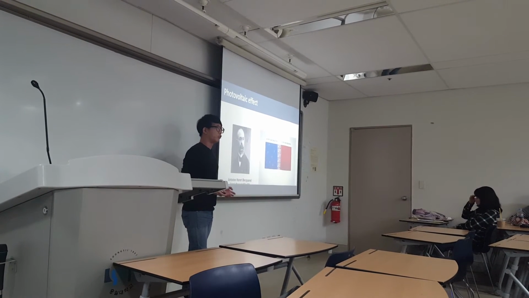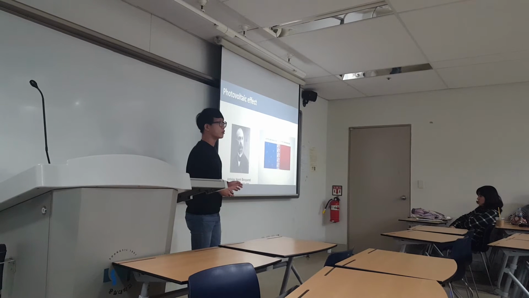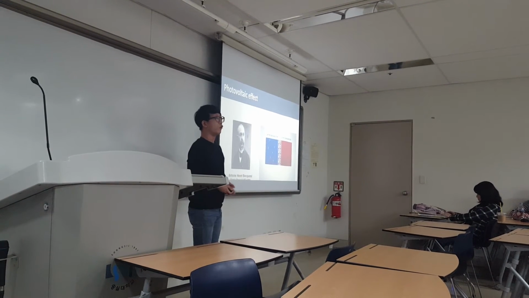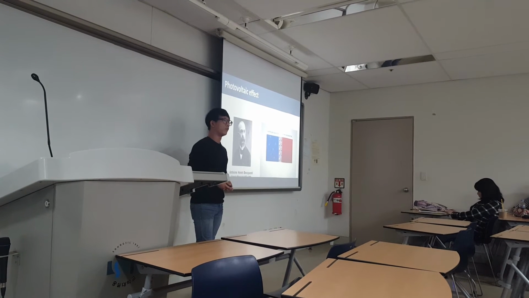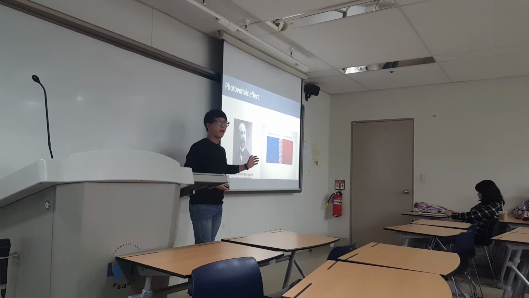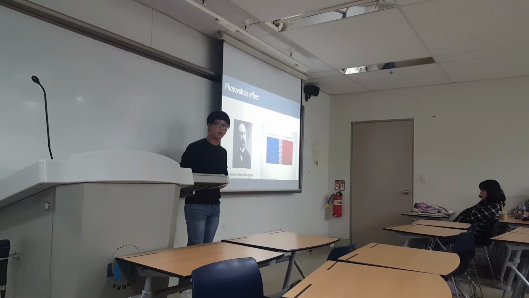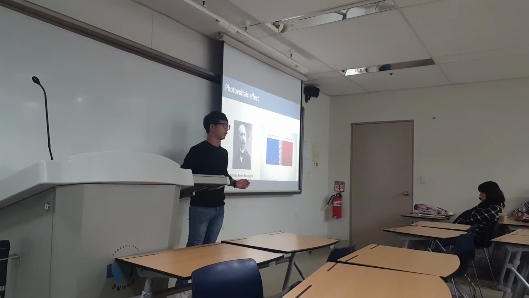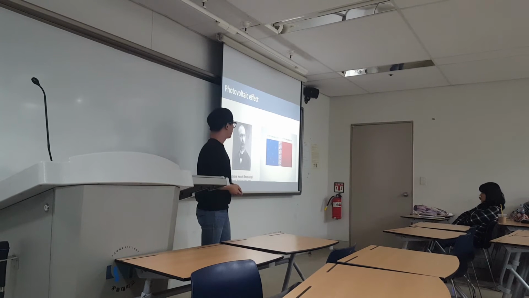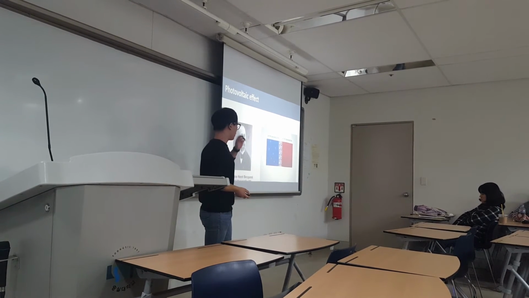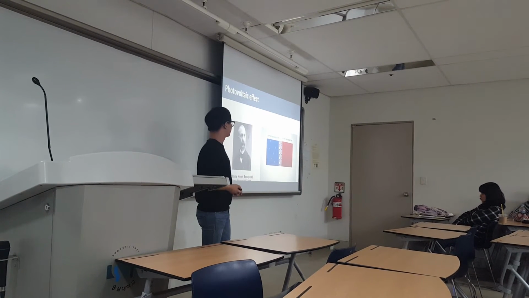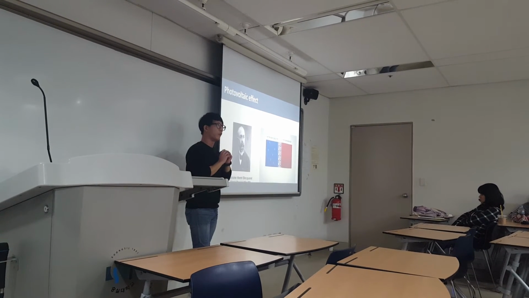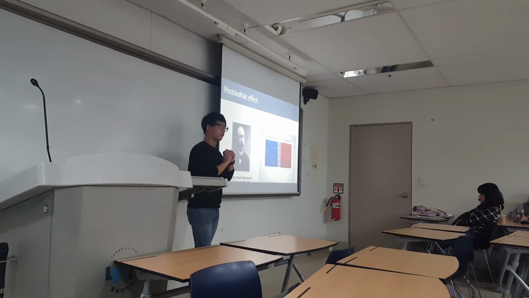PV power generation uses the photovoltaic effect, called the PV effect, which was discovered by French physicist Henri Becquerel, who is also famous for the discovery of radioactivity. So let me move to the next picture. The solar PV panel consists of 2 types of semiconductor.